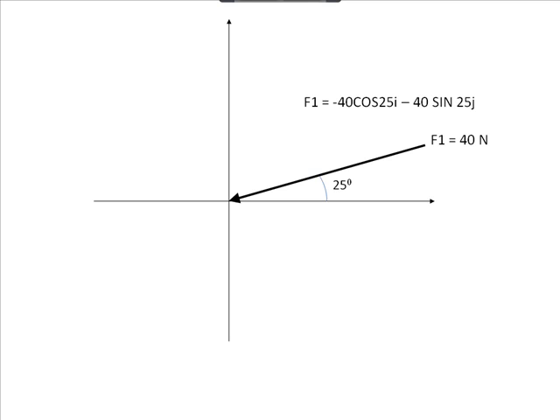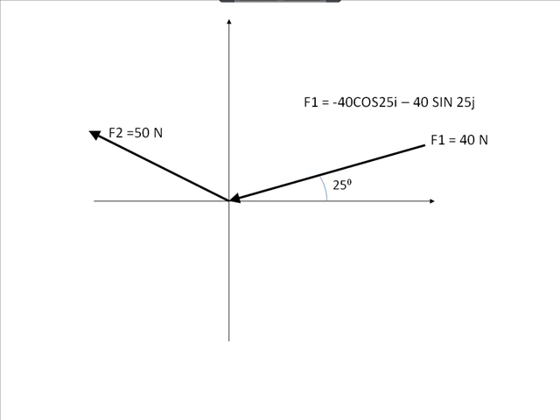When it comes to positive and negative signs, we have to see in which direction the resolved component is. If it is in the negative x direction or negative y direction, the signs will be negative. Therefore, as you can see, the x component of this 40 force is minus 40 cos 25, and the y component of this force of 40 Newton is minus 40 sin 25.